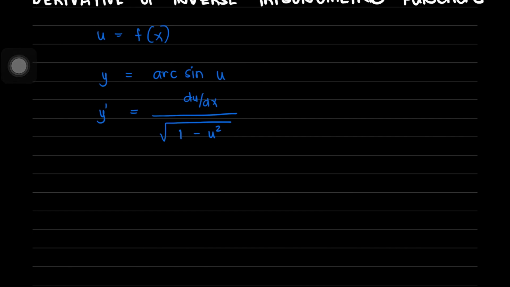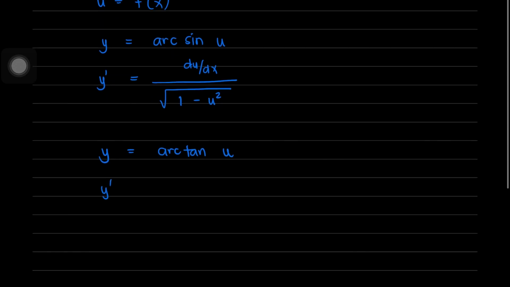For arctangent of u, if we are given y equals arctangent of u, where u is a function of x, then y prime is now equal to the derivative of u with respect to x all over 1 plus u squared.